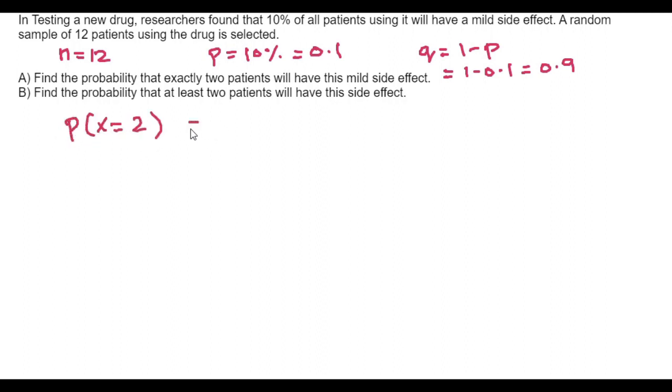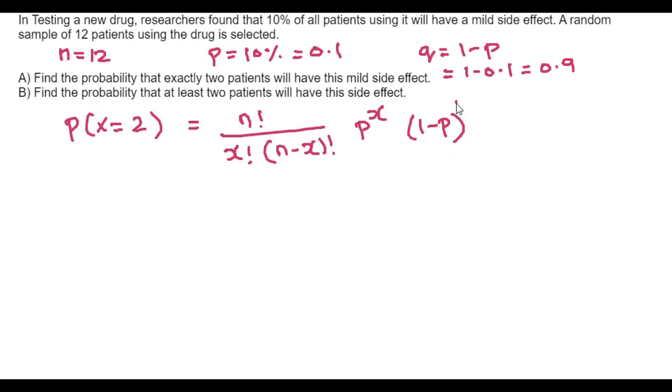By applying the formula, that is n factorial divided by x factorial times (n minus x) factorial, times p to the power x, times (1 minus p) to the power n minus x. This is the formula.